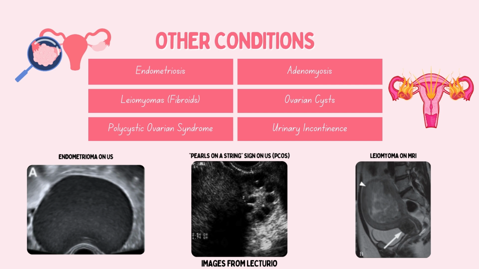The smaller arrow, just the head of the arrow without the line, is showing, I think, an intramural or subserosal leiomyoma. The key point here is that it's not extending beyond the border of the uterus; you could see it well circumscribed in the image.